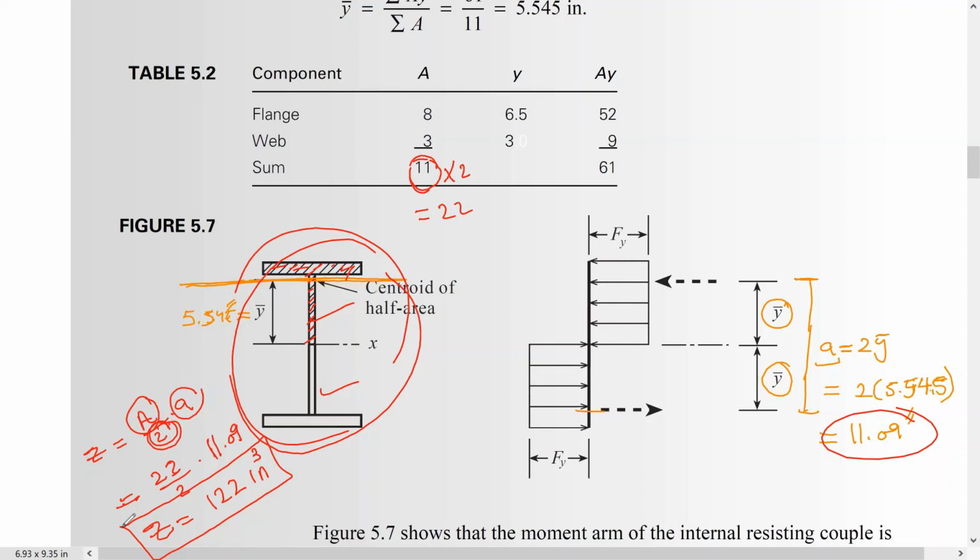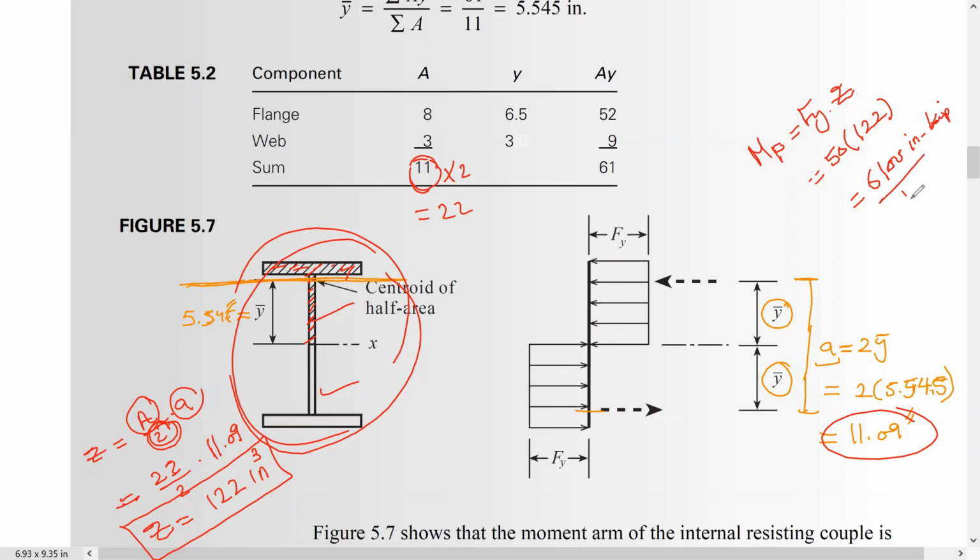So right now we can calculate the plastic moment, which is equal to the yield stress times Z. The yield stress is 50 times 122 for Z, and this one is equal to 6,100 inch kip.